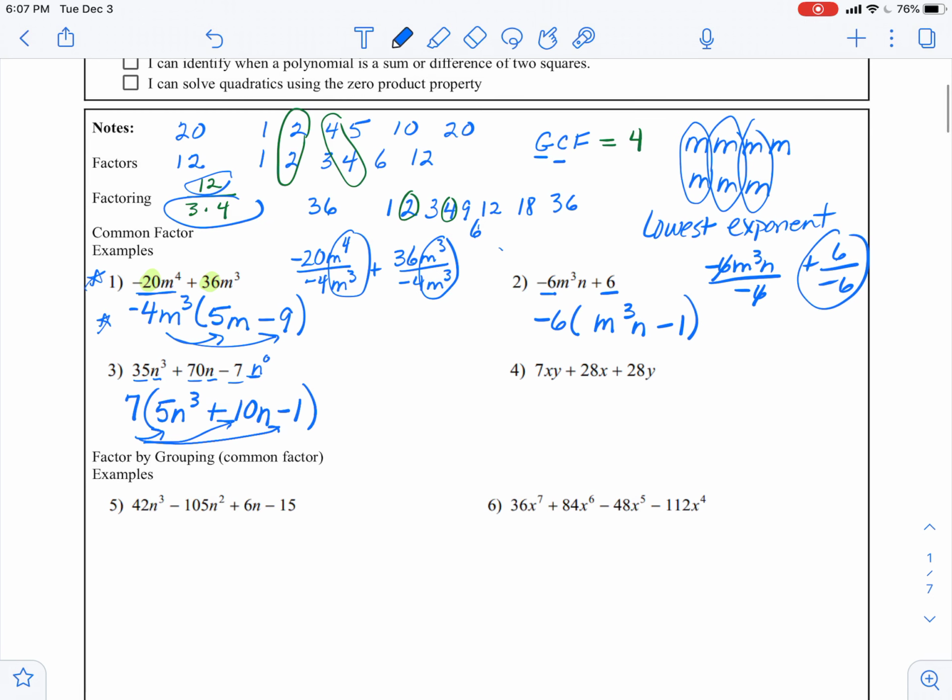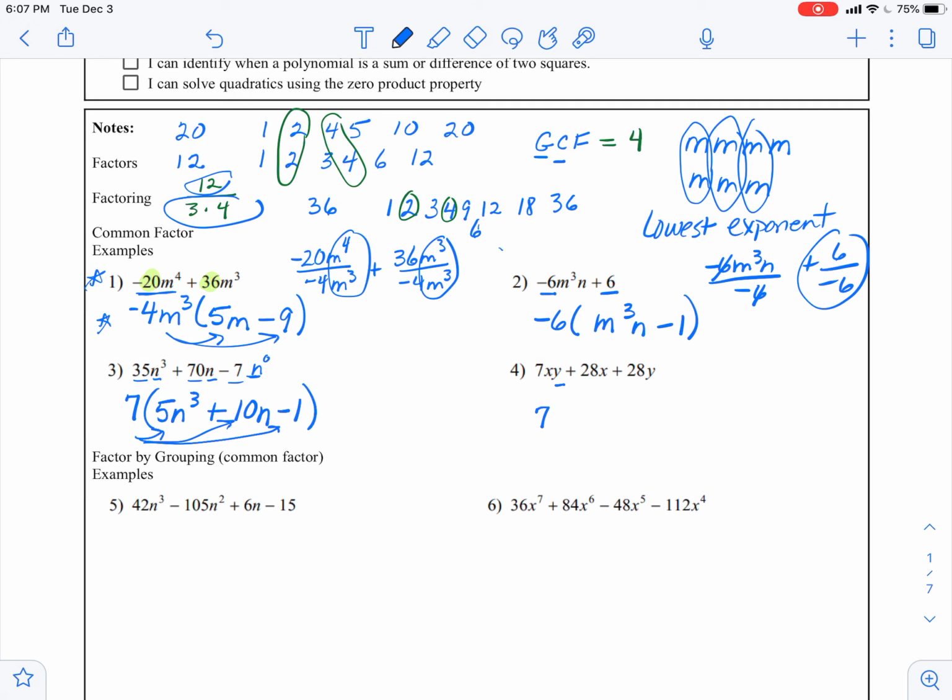Okay, the next one. We've got 7, 28, and 28. So what will go into all of those numbers? Hopefully your answer is 7. Now look at the variables. I have an x and an x, but I don't have an x in this one. So there is no x in common.